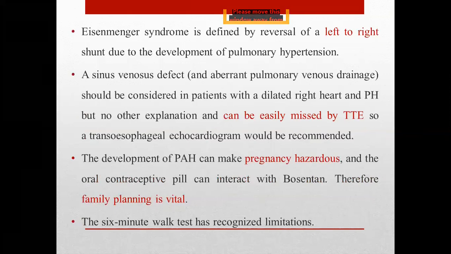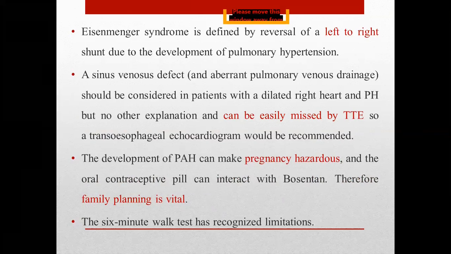Eisenmenger syndrome is defined as reversal of left to right shunt, not right to left shunt, due to development of pulmonary hypertension. The patient, at first, has a left to right shunt, but due to development of the pulmonary hypertension, the shunt is reversed to become right to left shunt, which leads to the development of the Eisenmenger syndrome.